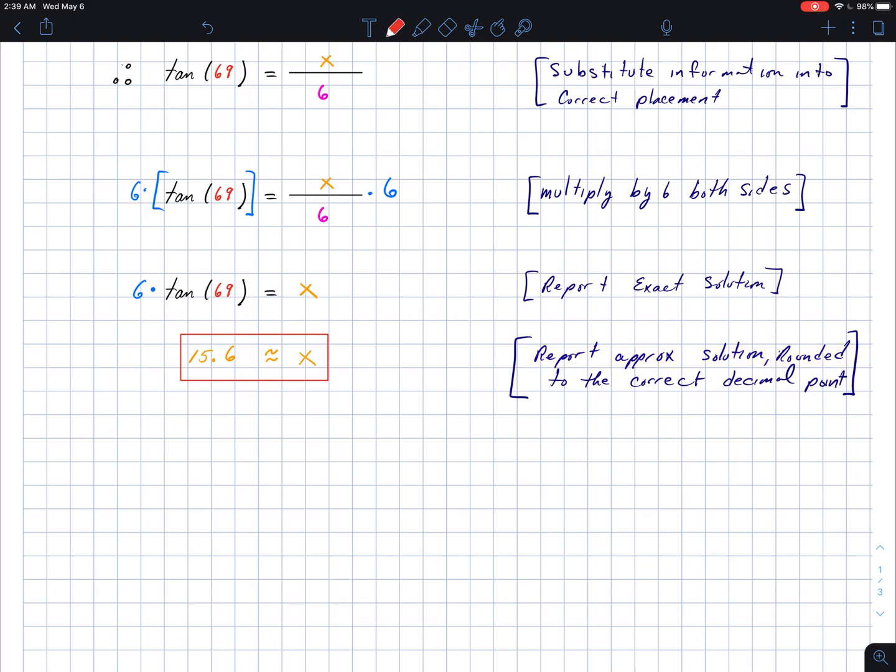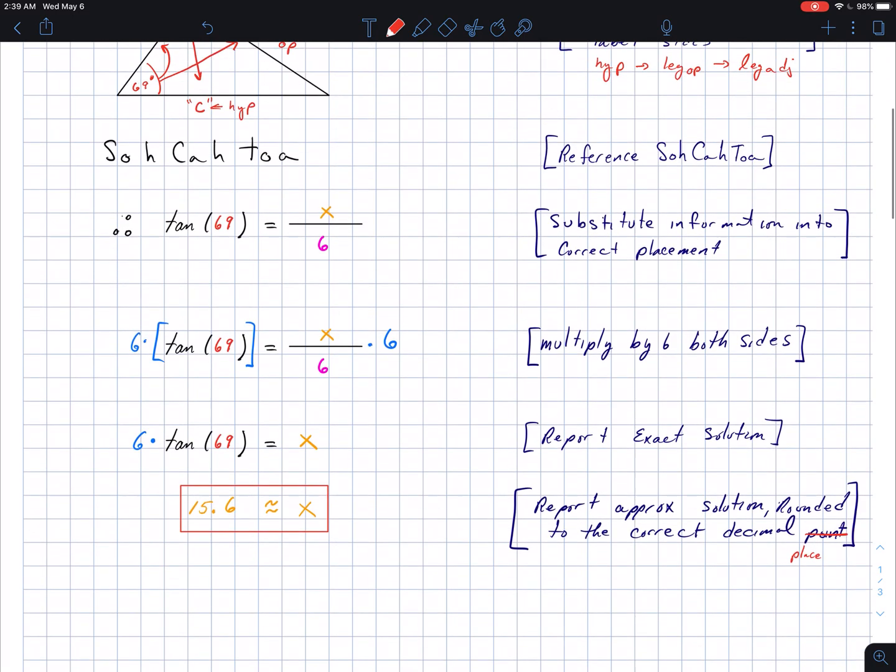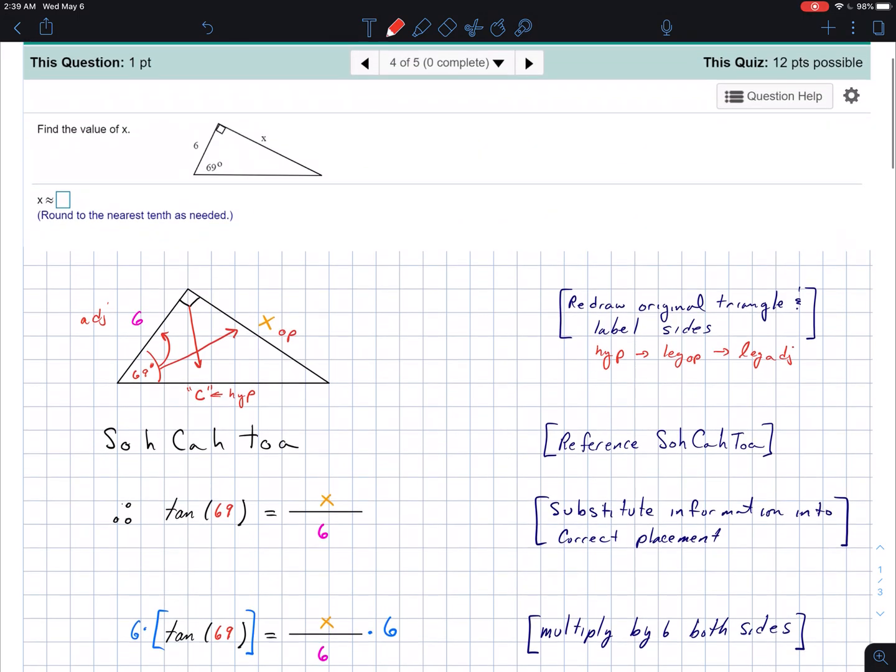In fact, let me change that real quick. We'll just cut this out and put it in place. Okay. So why did I round it to the tenths? Well, because it told me. Be careful about rounding.